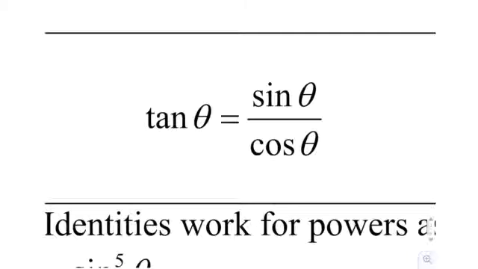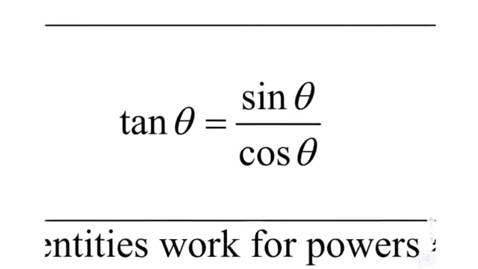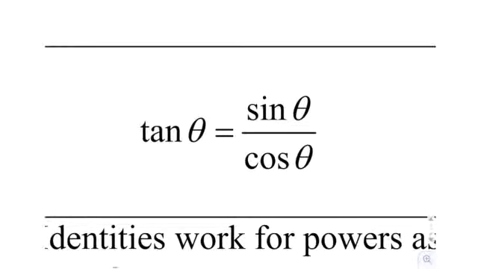Now, we're going to prove one of these, but once you have an identity, you're allowed to manipulate it. So if you wanted to multiply both sides by cosine, you can create a new identity. You could say sine of theta is equal to cosine of theta times tangent. Do you want to memorize that?